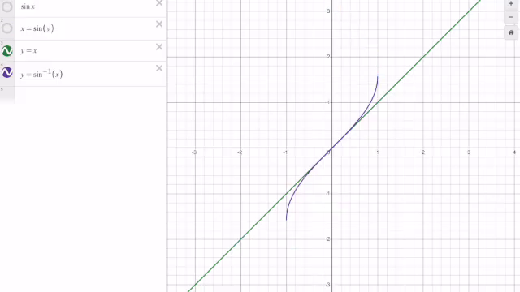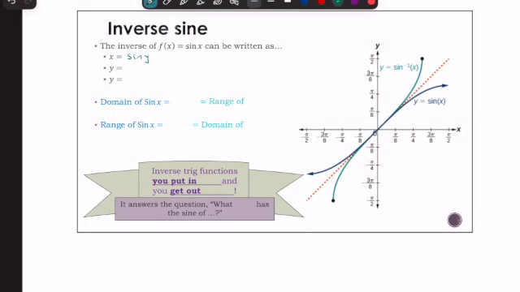And notice there's your inverse sine function that just lays on top of sine of y. Cool. So back to this. The inverse of sine can be written as x equals sine y, which just gives you something that's not a function, or we can write it as, like I said, arc sine of x or inverse sine of x.